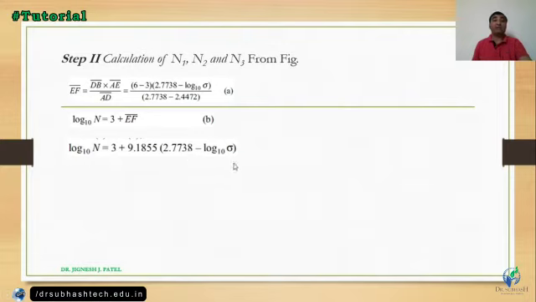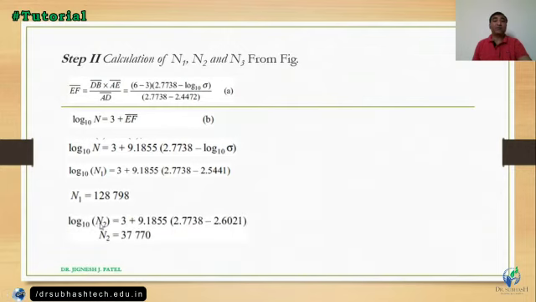Now let us find them one by one. Log n1 is 3 plus 9.1855 into the bracket with log sigma 1 equal to 2.5441. So n1 is equal to 1,28,798 cycles.